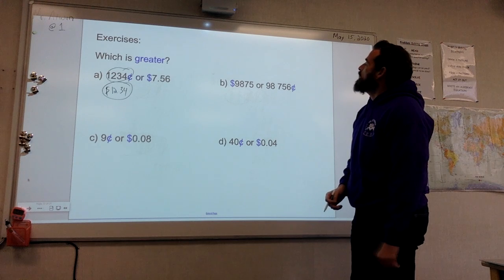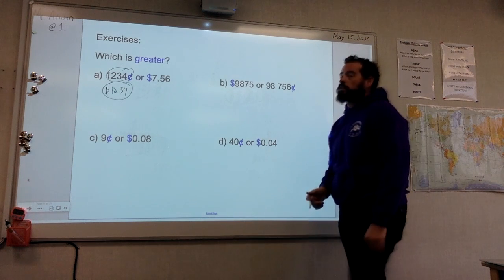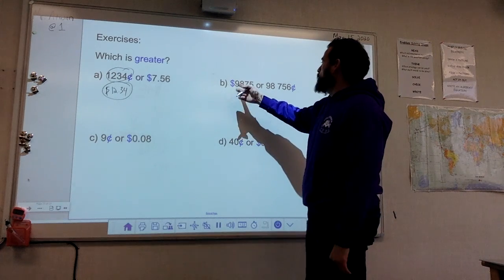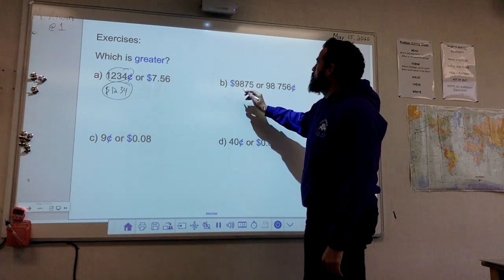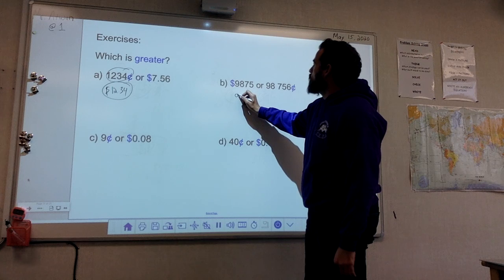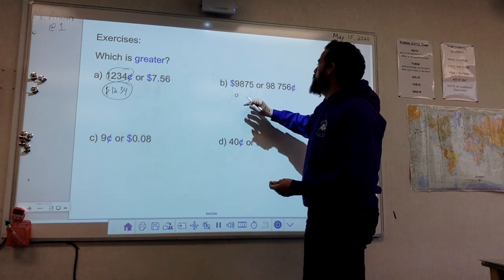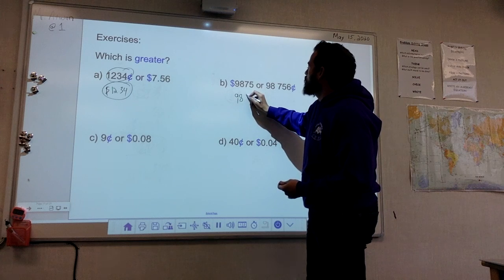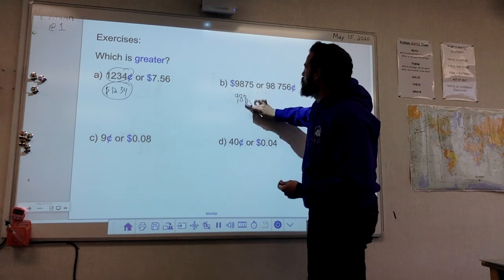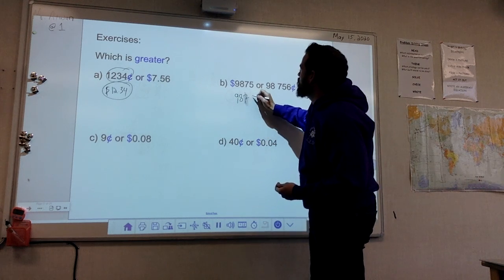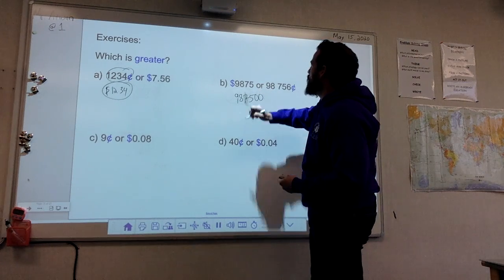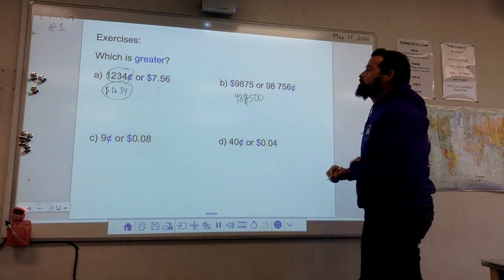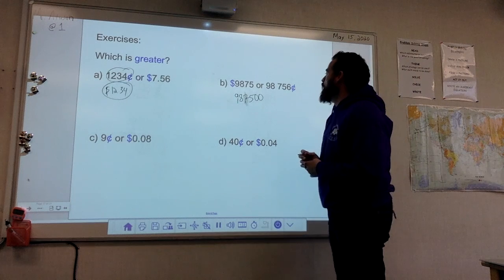$9,875 or $98,756. This one, just for fun, I'm going to convert to cent notation. So that's going to be 9,000, or sorry. Now remember, I've got to put 2 zeros on the end there.